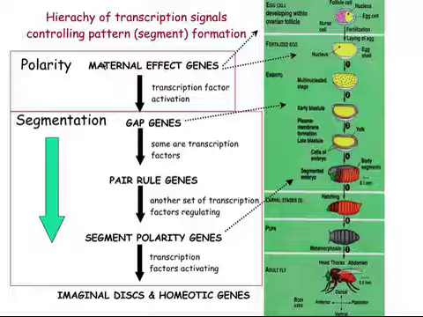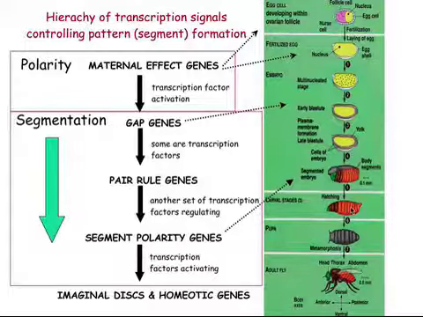We talked about maternal effect genes, which are genes that are expressed in the nurse cells surrounding the egg prior to fertilisation. And then we had a look at these other genes called segmentation genes that affect the formation of segments. These individual sections within the developing larva are called segments.